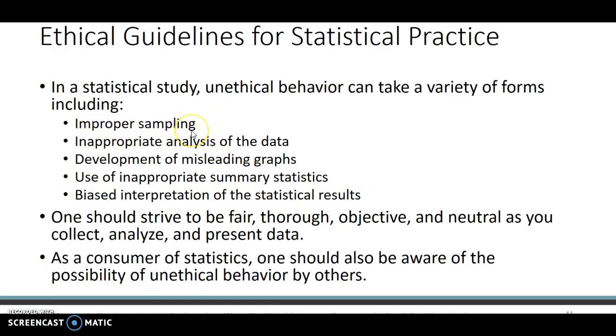Here, this improper sampling, if anyone was aware of what happened in the last presidential election, every survey that came out said that Hillary Clinton was going to win and gave Donald Trump a very low, less than 5% chance of winning the election at the beginning of the day when the election was held. This was due to improper sampling techniques.